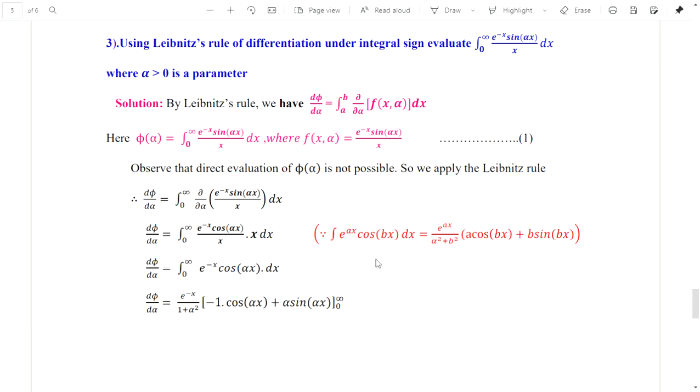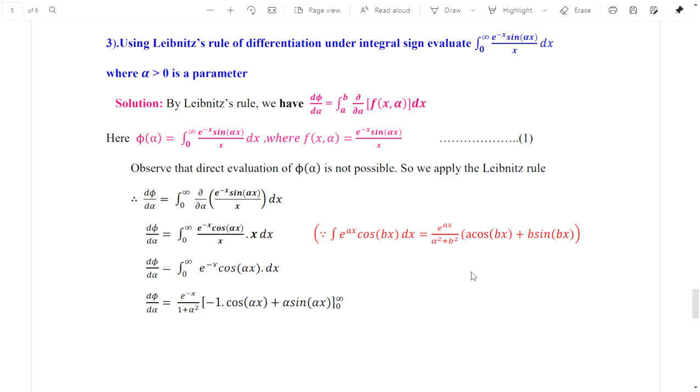Now we have one formula: the integral of e to the power ax into cos bx into dx is equal to e to the power ax by a squared plus b squared into a cos bx plus b sin bx.